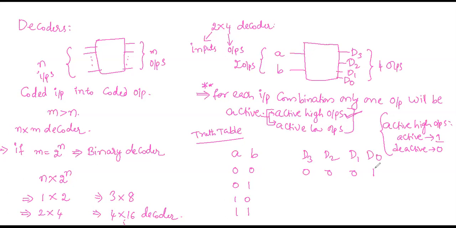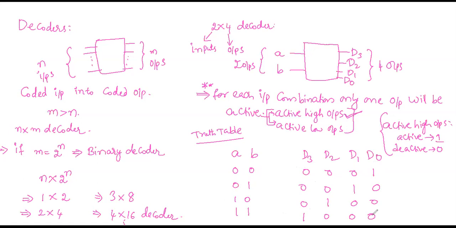It is 0, so D0 will be active. Active means 1. Remaining will be 0. 0, 1 is decimal 1, D1 will be active, remaining will be 0. 1, 0 is 2, D2 will be active, remaining are 0. 1, 1 is 3, D3 will be active, remaining are 0.